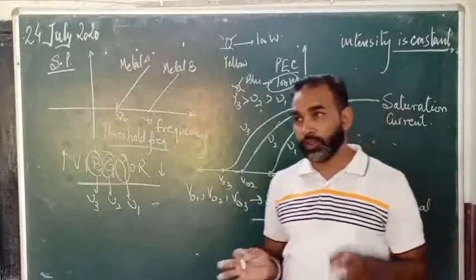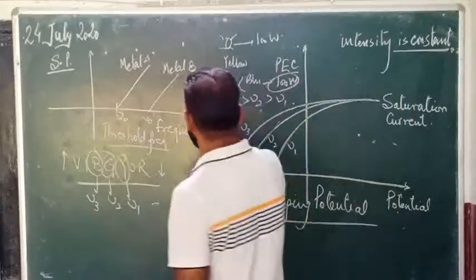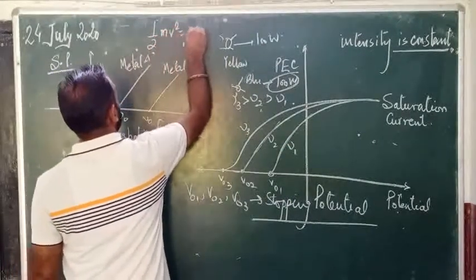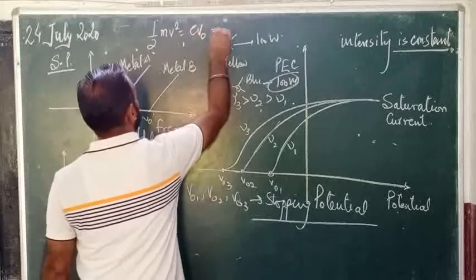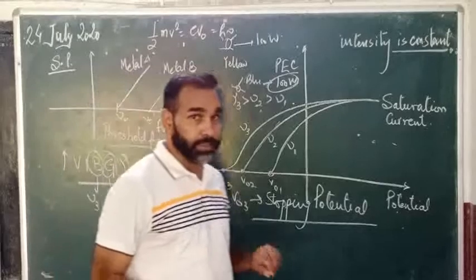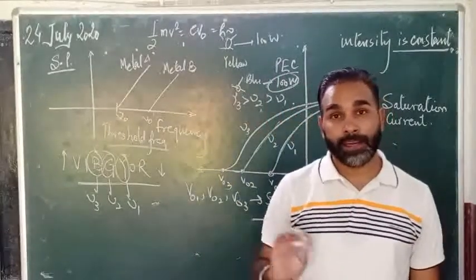Okay, so you have got two different concepts now. From the equation you know half mv square equals eV naught equals h mu, and mu and frequency are directly proportional.